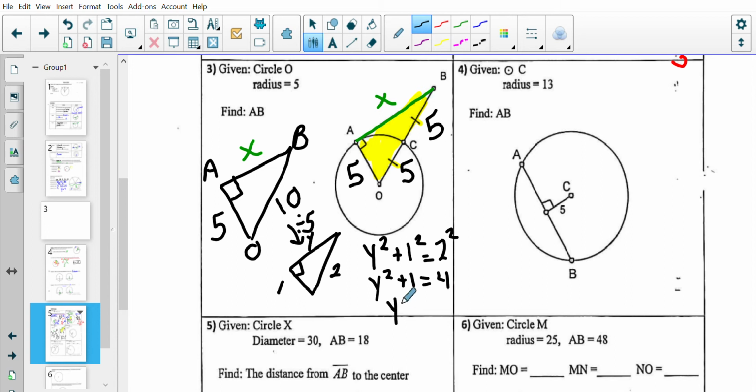We're going to have y squared is equal to 3. So y is equal to the root of 3. Okay, but we didn't want y. We divided by 5, so we got to go back and multiply by 5. So what is x going to equal? It's going to be 5 root 3. So what's the length of AB? AB is 5 root 3.